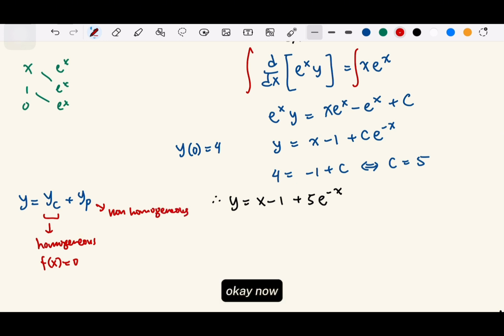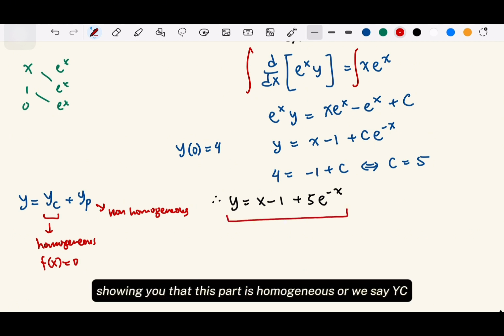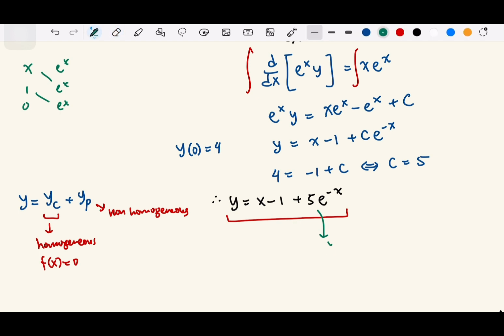Okay. Now, this example here shows you that this part is homogeneous, or we say YC, and this is YP.